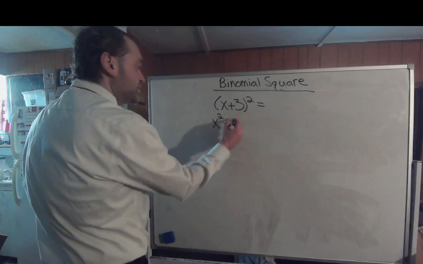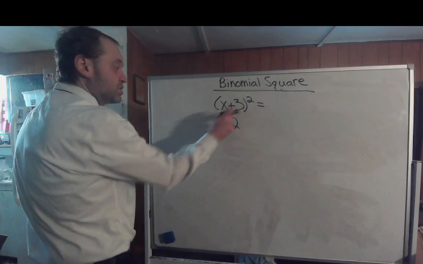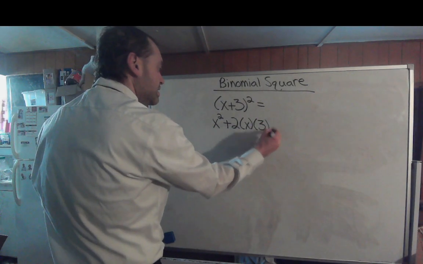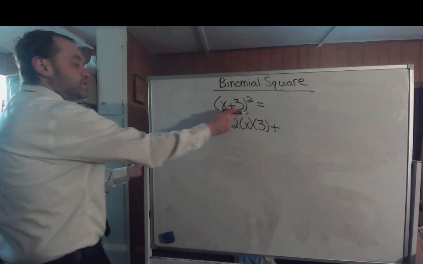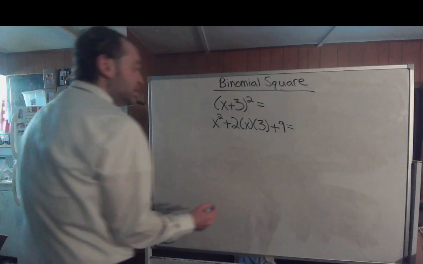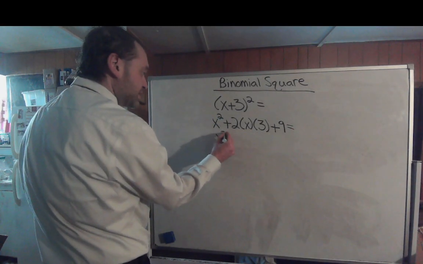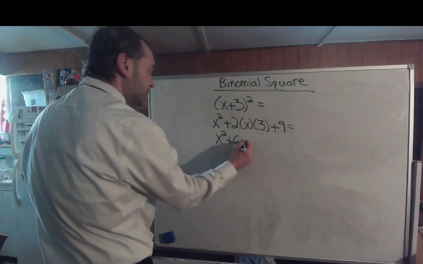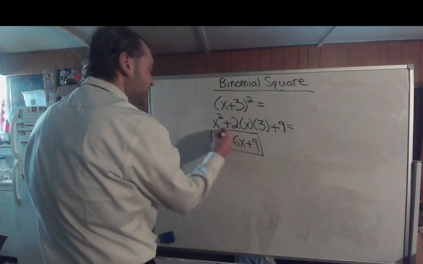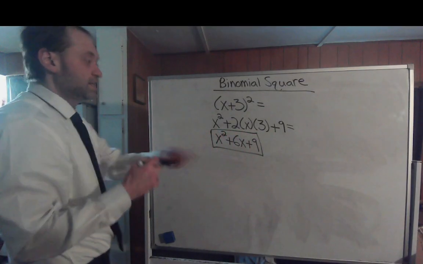Plus now I'll take 2 times the two terms multiplied. 2 times x times 3. Plus I'll take my last term of 3 and raise that to the second power, which is 9. Which would simplify into x squared plus 6x plus 9. That would be the simplified form, x squared plus 6x plus 9.